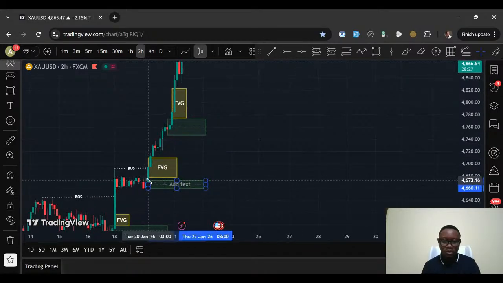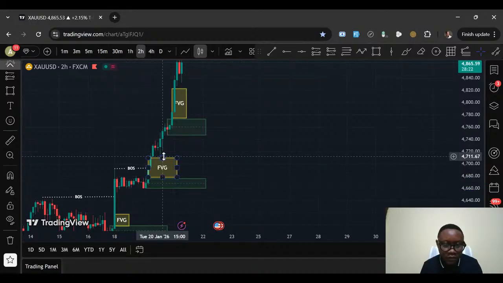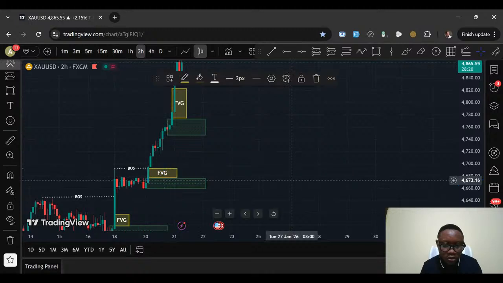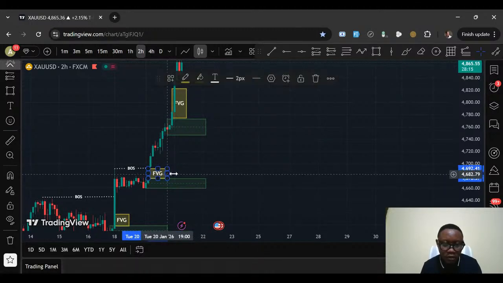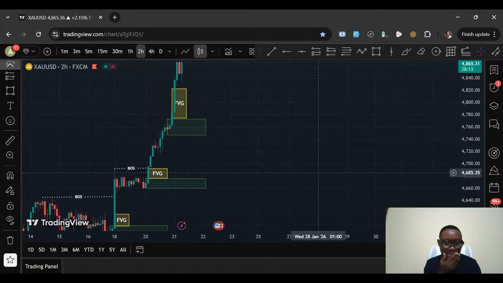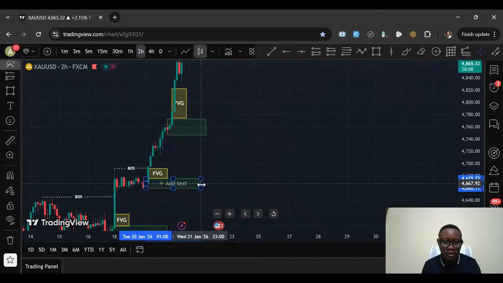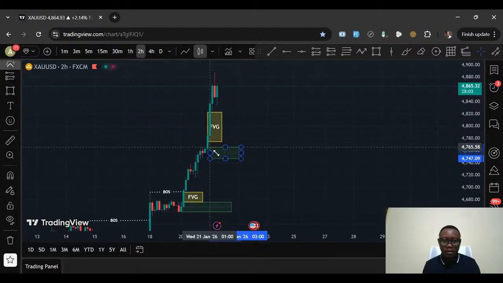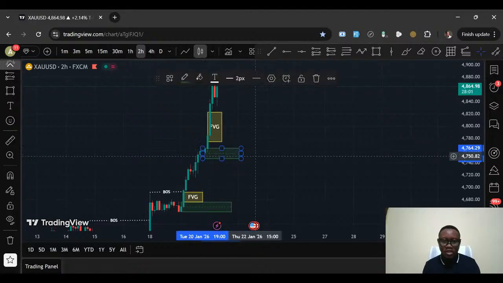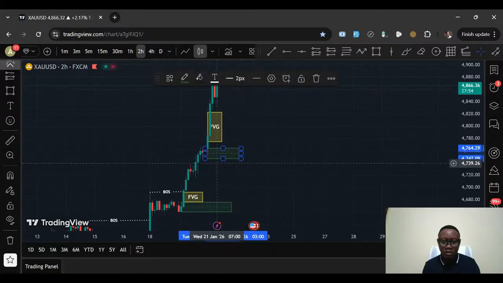So this, let's bring it to this candle. And our FVG would go to this candle, right? And we have this one right here. All right, so this is our FVG. This, we can refine further to this candle.